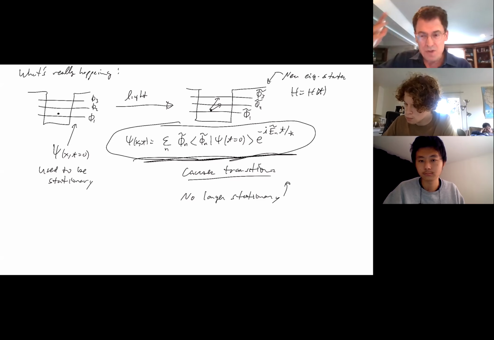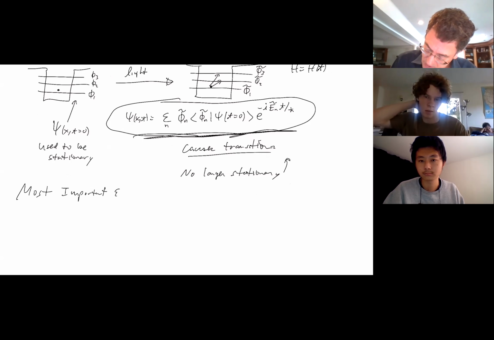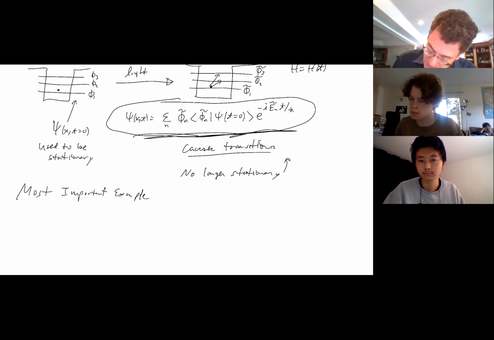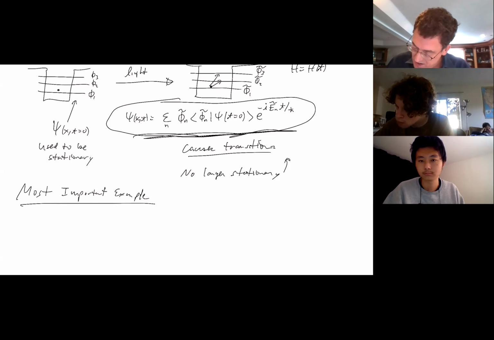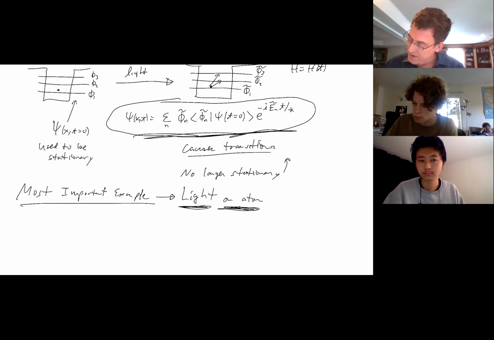So far this has been an abstract discussion, but let's consider the most important example. The most important example of this phenomenon is light. So I'm going to use the idea of shining light on an atom as the problem that we want to understand the most for time-dependent processes.